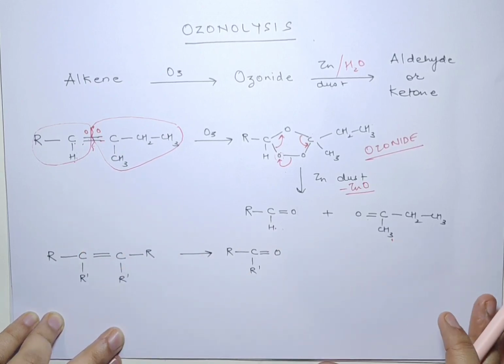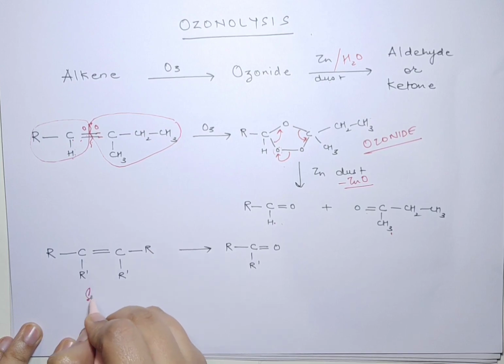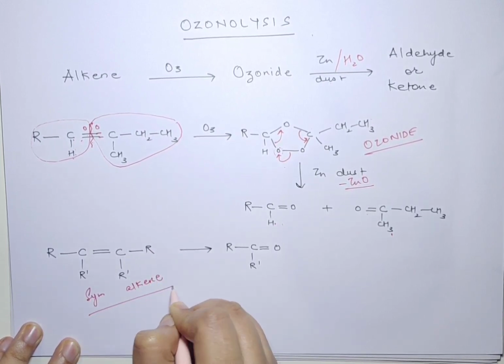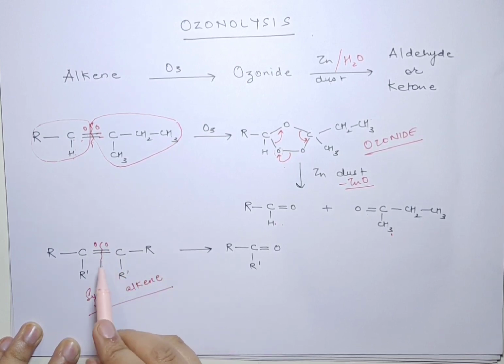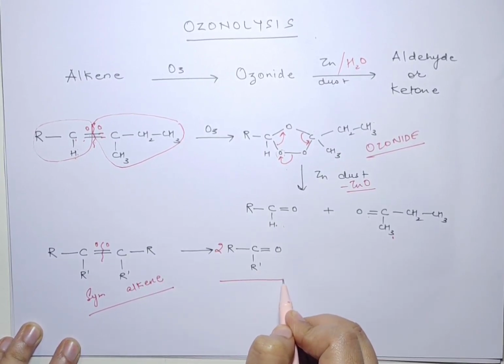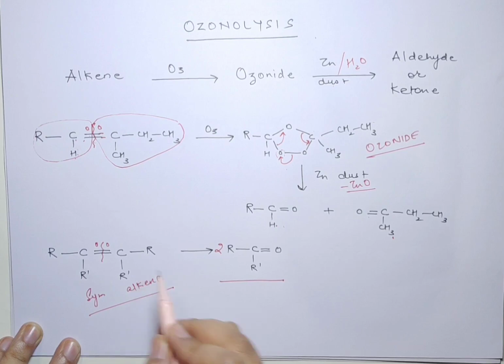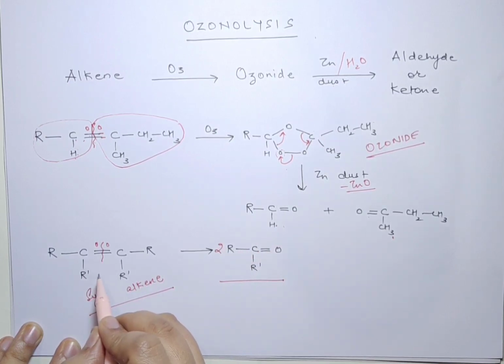Now, if you have a symmetrical alkene and you break the double bond and put oxygen on both sides, then what would you get? You would get only one single product, because on both sides of the double bond you had the same groups.